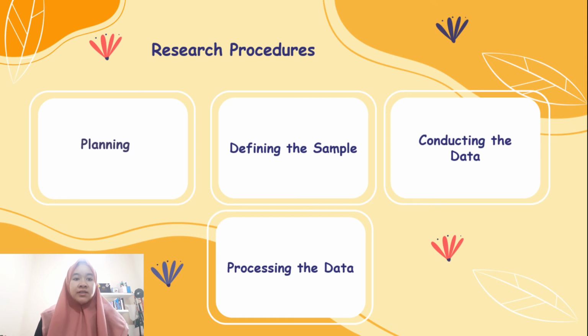And the last point is processing the data. After collecting data from the 15 English education students who have done the Google Form link, the researcher will see the results of the questionnaire, then analyze and calculate the results based on the percentage of students' answers and put the research results into a table.